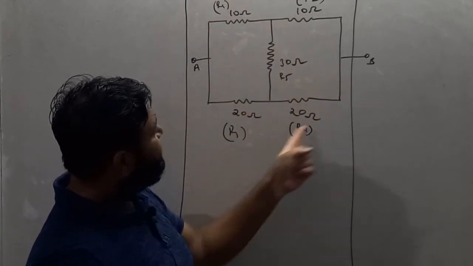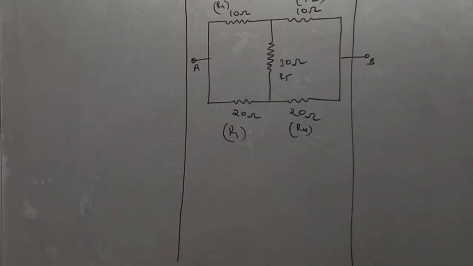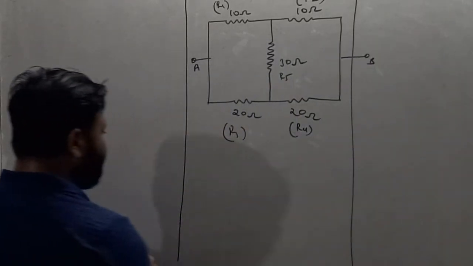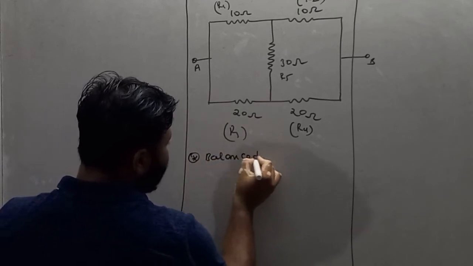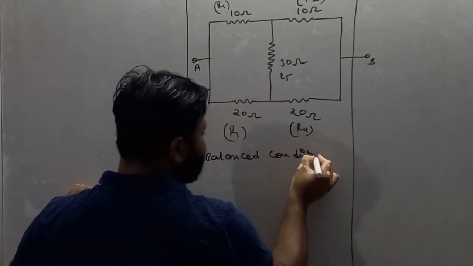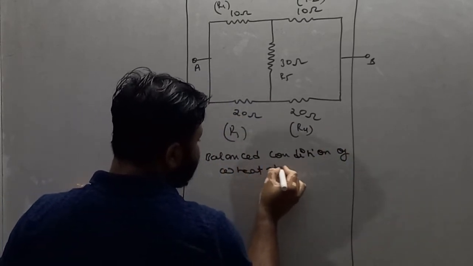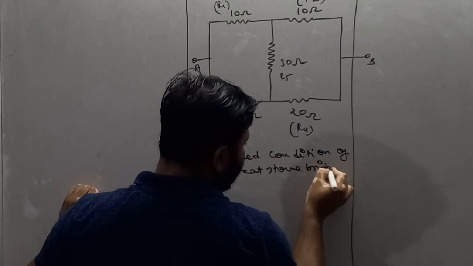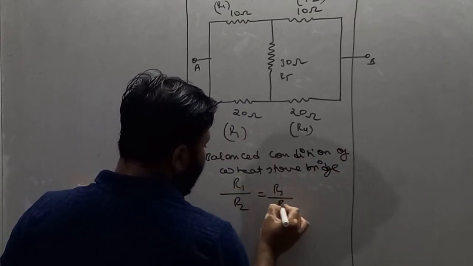Now check it out, the combination in the circuit is of 5 resistors, and we know that if 5 resistors are there, then the circuit is considered to be a Wheatstone bridge. So check whether the circuit is balanced or not. The balance condition of Wheatstone bridge is R1 by R2 equals R3 by R4.